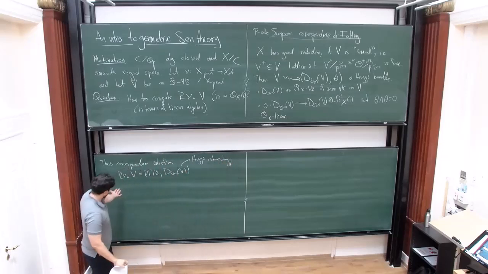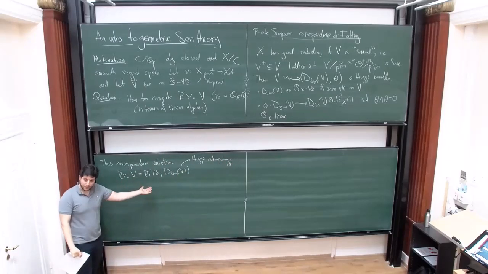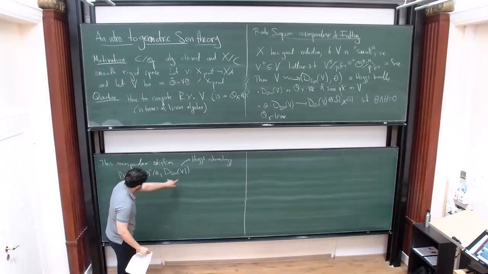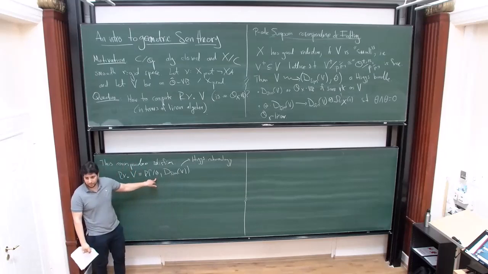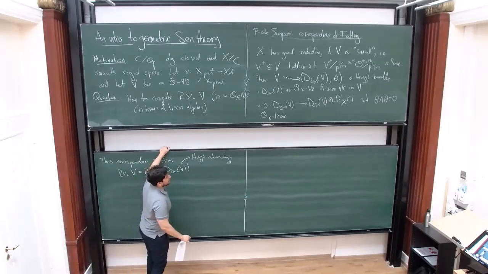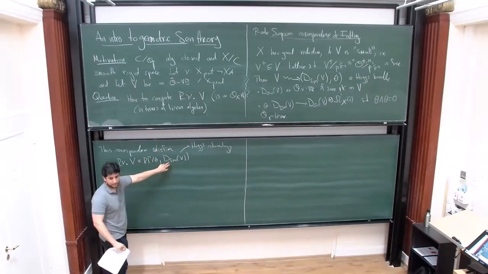So in this situation, we can actually compute this projection of sheaves in terms of linear algebra, which is basically just a vector bundle and a linear operator. Of course, the difficulty is translated to trying to compute this.